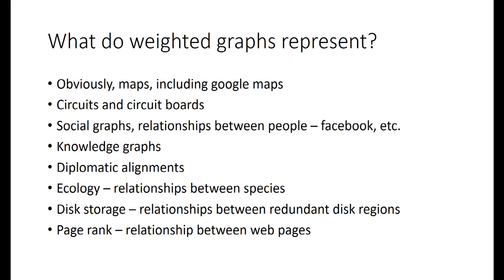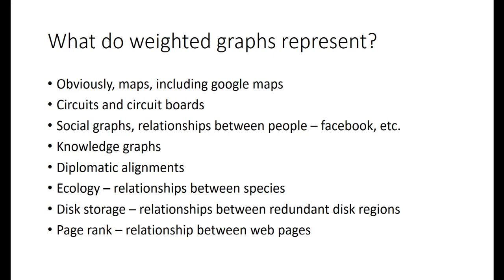And early graph theory people started modeling this in quite a bit of detail with graphs and having arguments that certain arrangements of alliances were dangerous because they would encourage a war. We can use them in ecology to show a relationship between species.